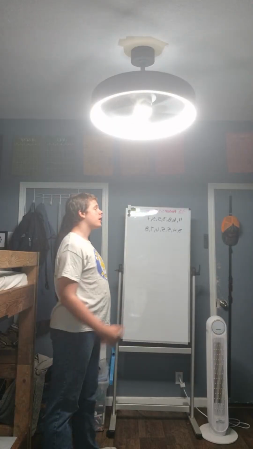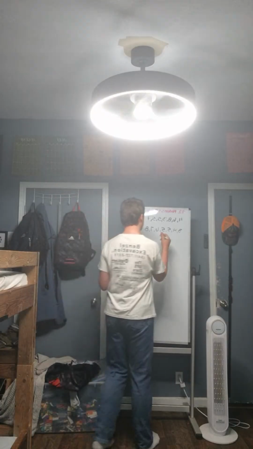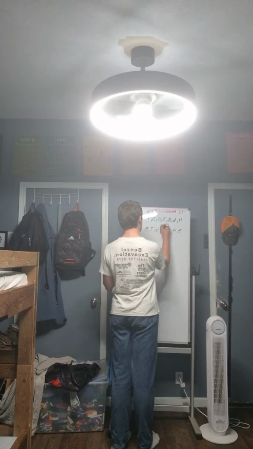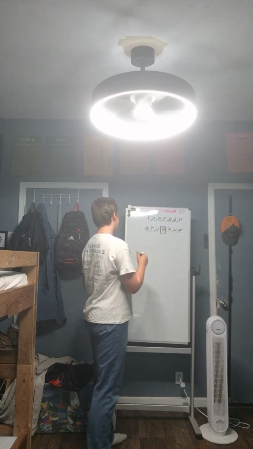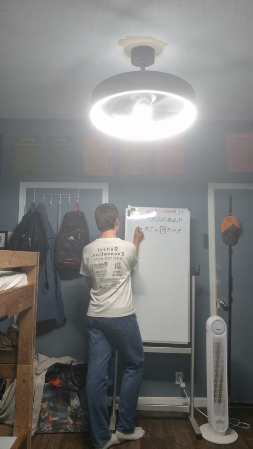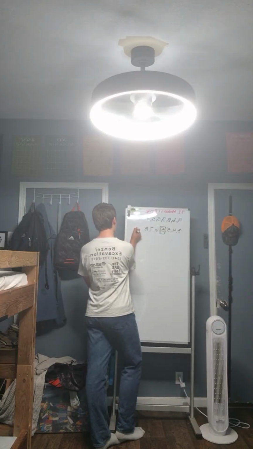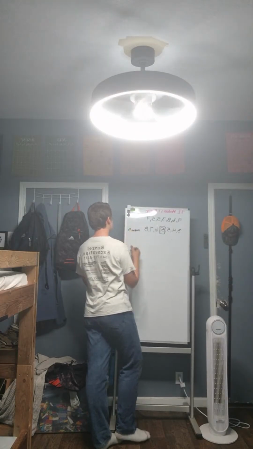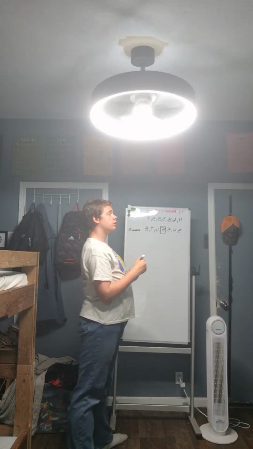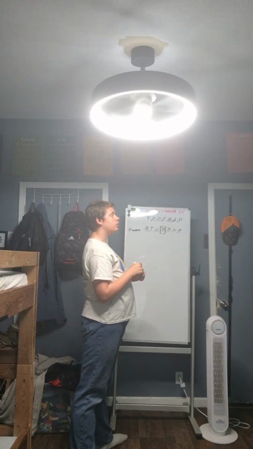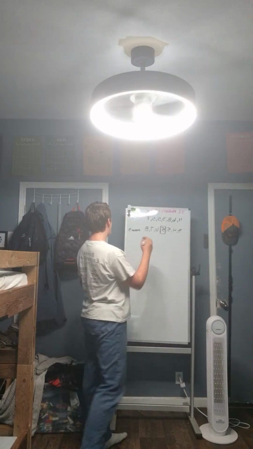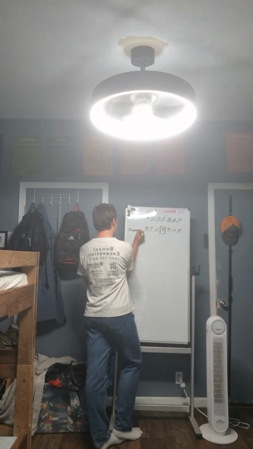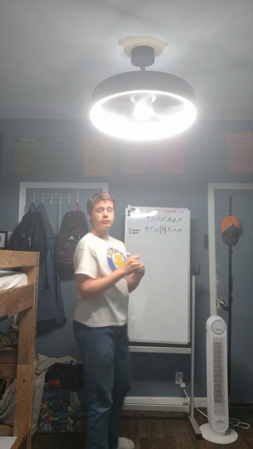So the middle number is 5. So the median is 5. The number that occurs the most is 5. So the mode is 5. Mode equals 5.